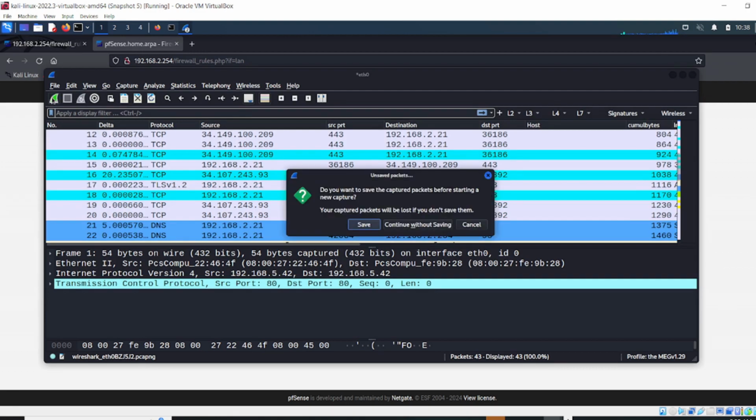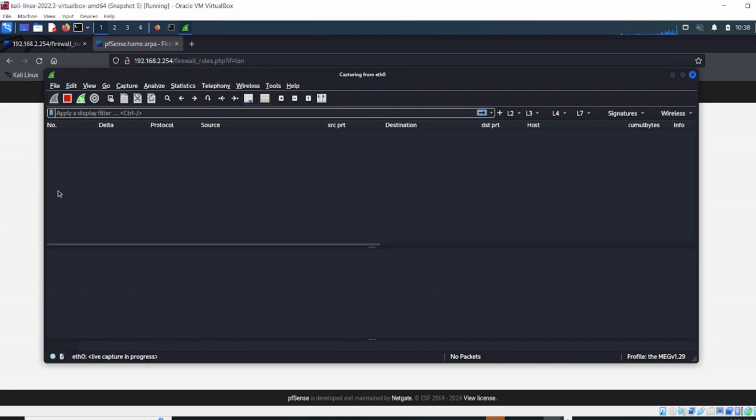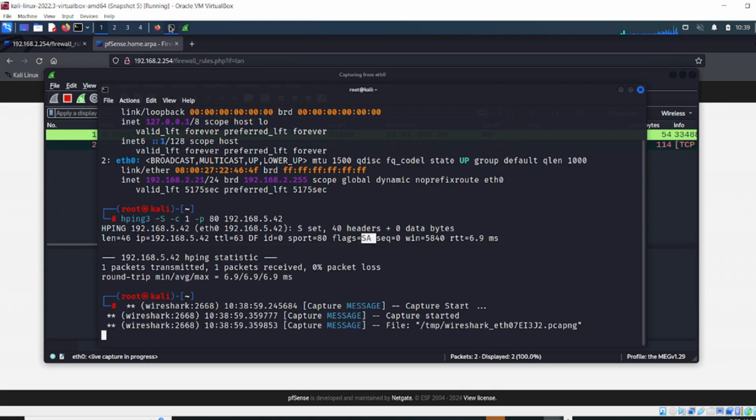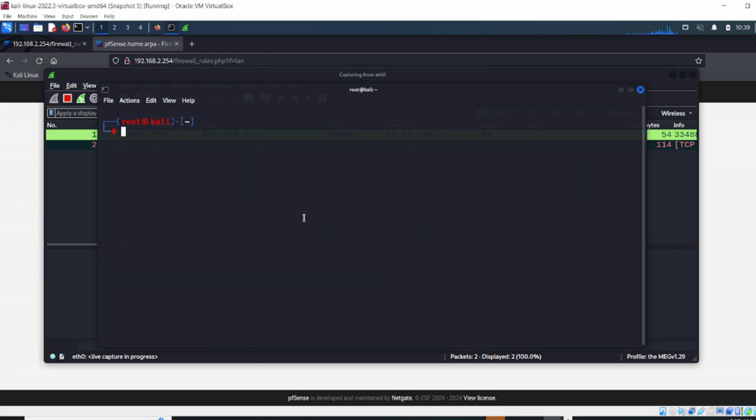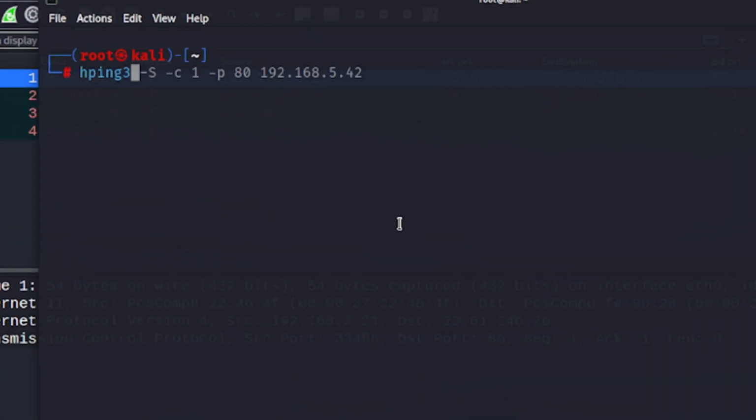We're going to start a capture here. Open up this. And now I'm going to create a spoofed SYN packet going towards our target machine. So we're going to do hping3. I'm going to do a SYN, and I'm going to do a count of 1.